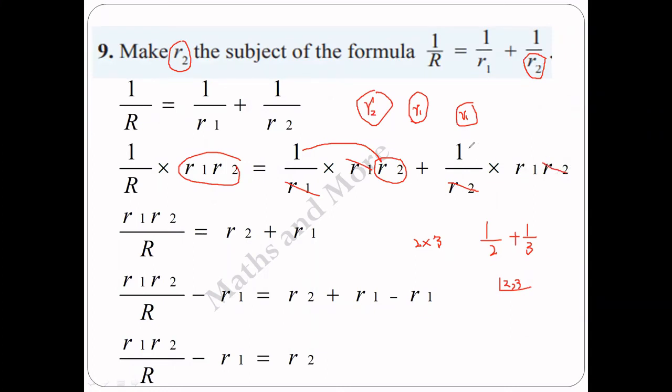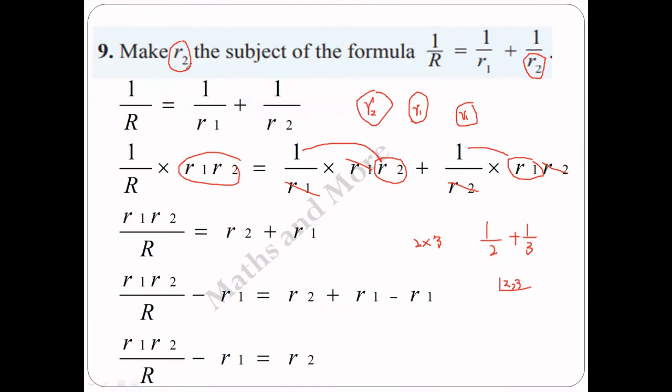Then 1 into R1 means R1. So R1 R2 over R equals R2 plus R1.